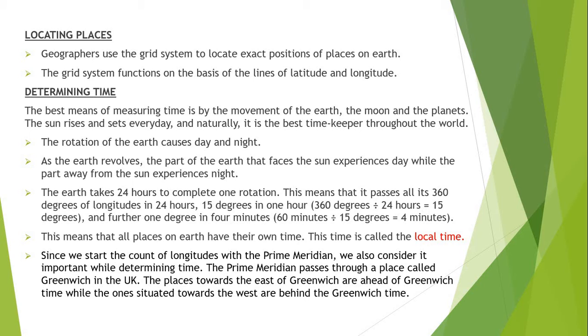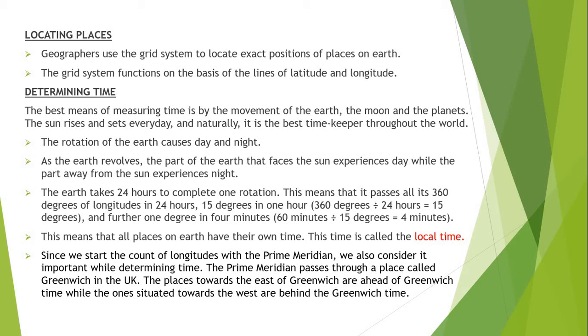In earlier days, people used to check time with the help of sunrise and sunset. The rotation of the earth causes day and night. As the earth rotates, the part of the earth which faces the sun experiences day, while the part which is away from the sun experiences night.